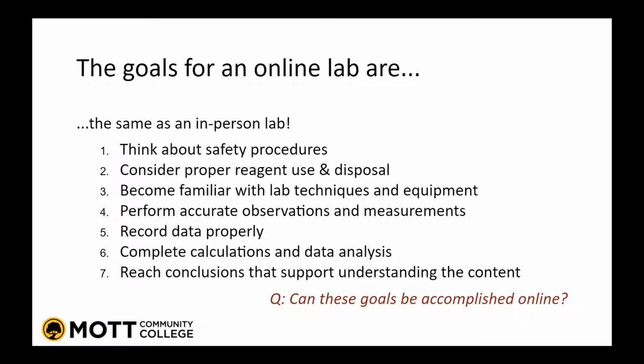I'll mention later one of the fantastic things we found in the chemistry lab: if we're doing online labs, we can show them labs with reagents that are far more dangerous than we could use, or far more expensive, or frankly, that we just don't trust a first-year student to handle. So we can show them those things.